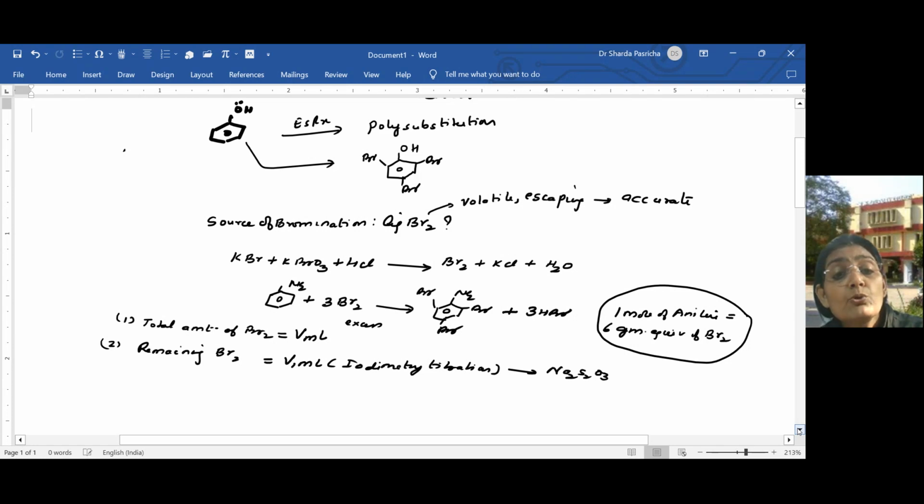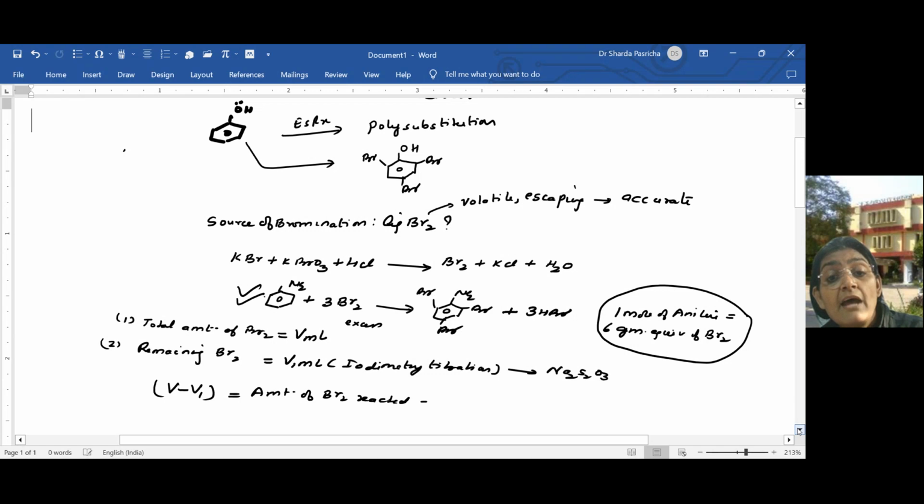If you know the total amount of bromine in solution, and if you know the amount of bromine which is remaining after reacting with aniline, the difference of the two will give you the amount of bromine which has reacted.